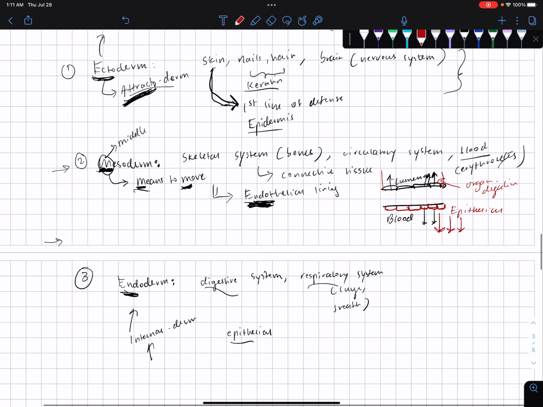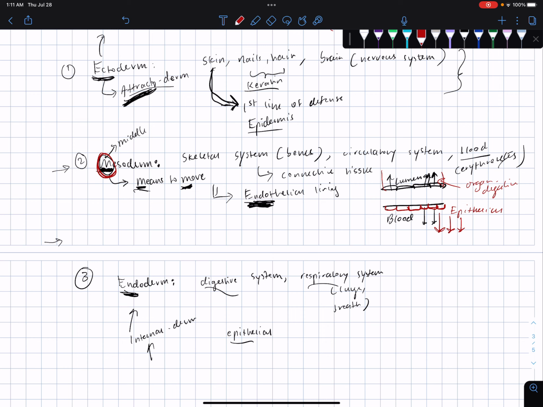Now, there are two parts of the body, two openings in the body, and that is the mouth and the anus that we have not discussed yet. So where do you think that would go? I think we can rule out mesoderm because they're not really helping us move, but would they belong in the ectoderm or the endoderm? Are they lined epithelially or are they not?